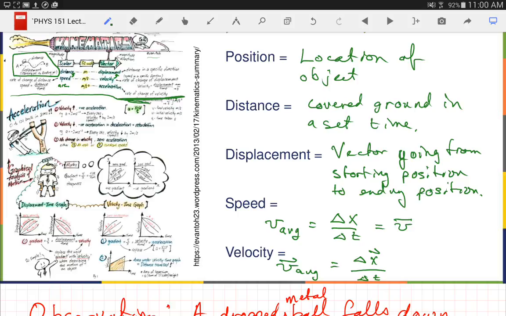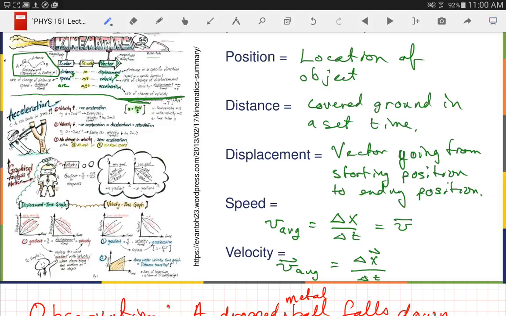Now, if you shrink the time for the velocity, you'll get closer and closer to an instantaneous velocity. If the delta t, the change in time that you're measuring, is extremely small, there won't be any difference between the distance traveled and the displacement.